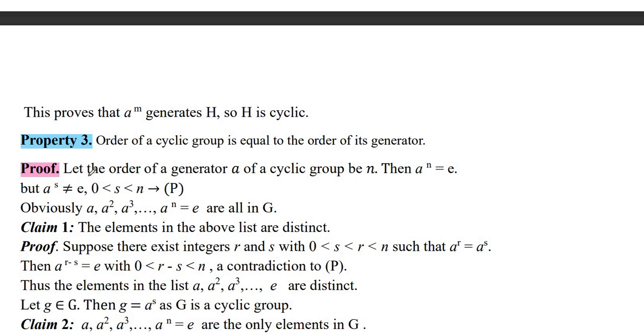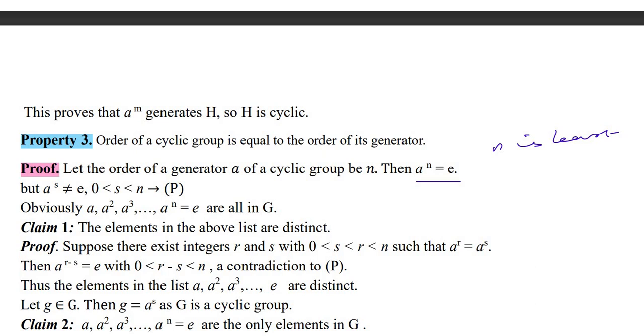Now let the order of generator a of a cyclic group be n. Then we know that by the definition of order of an element, n is the least positive integer for which a raised to n is the identity element.